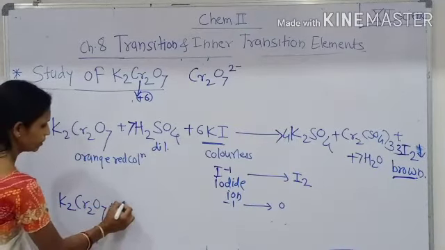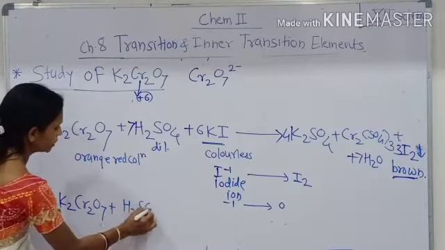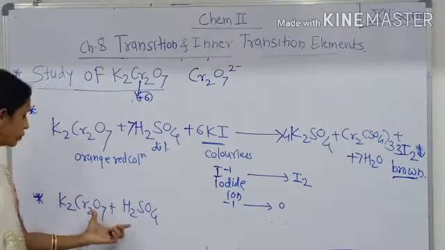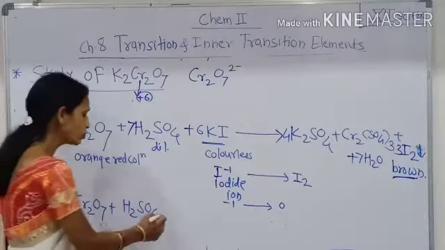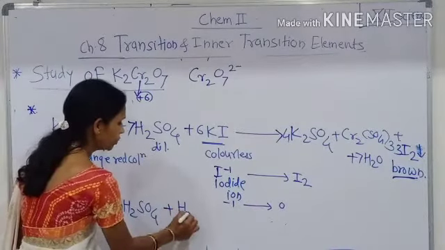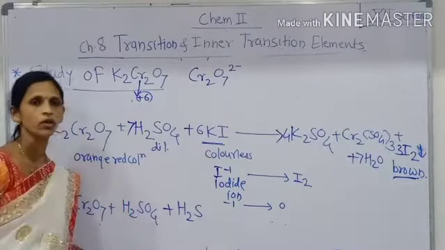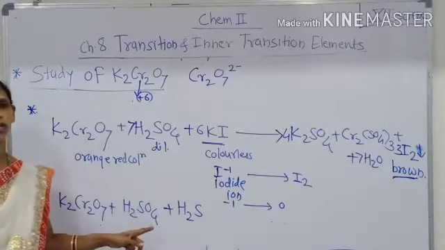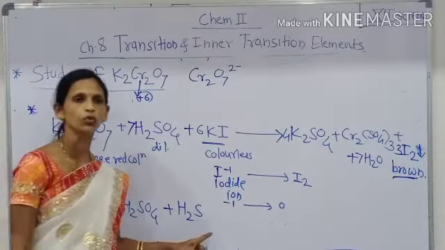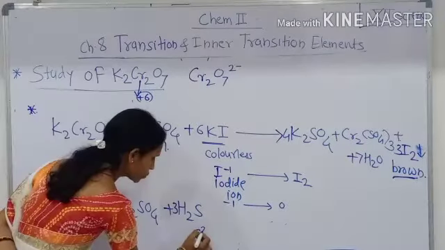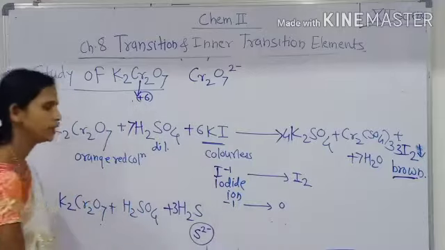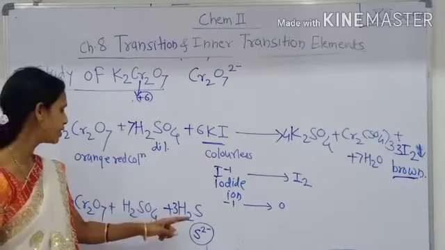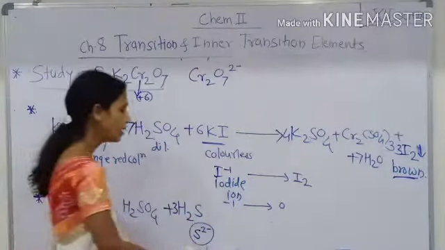K2Cr2O7 in acidic form, that is with H2SO4, which acts as an oxidizing agent and oxidizes H2S. Here is the oxidation of H2S, where the S2 minus ion, that is the sulfide ion present in H2S, gets oxidized into colloidal sulfur.